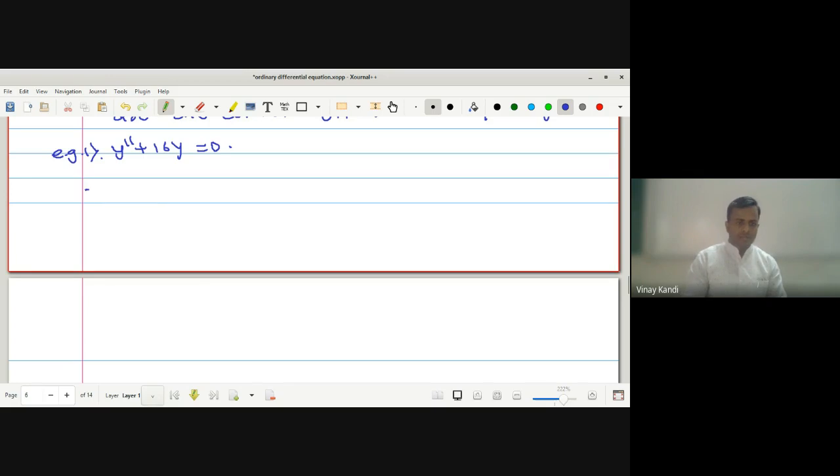Look here. Proof. Given y double dash plus 16y is equal to 0. Give it as equation number 1.